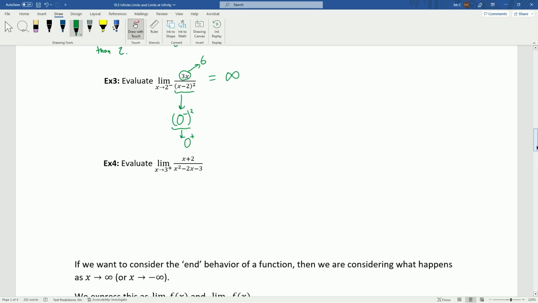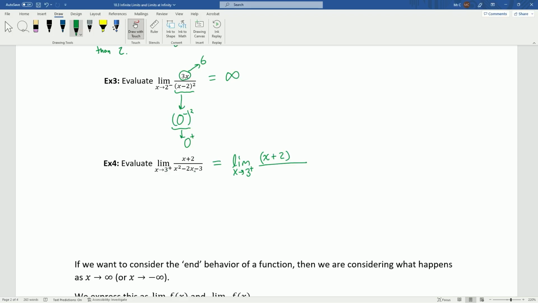Okay, and let's look at example 4 here. Now here I've got a polynomial divided by a polynomial, and I notice that in the numerator I'm approaching 5, and in the denominator I'm approaching 0.